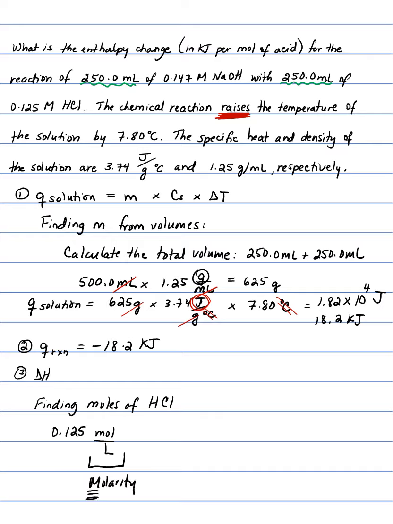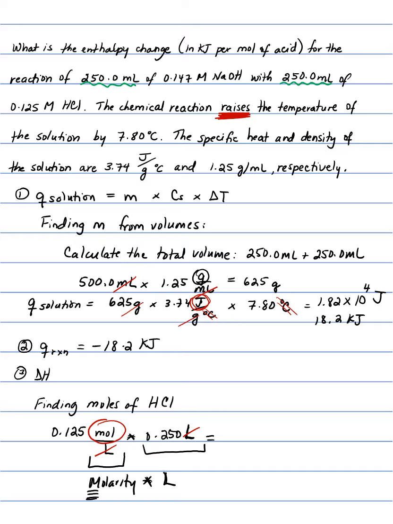capital letter M. So if you have 0.125 moles per liter and you multiply that concentration times a volume in liters, which is this amount right here, that will give you the moles, because your unit for volume is canceling out, and what is not canceling out is the unit of mole.